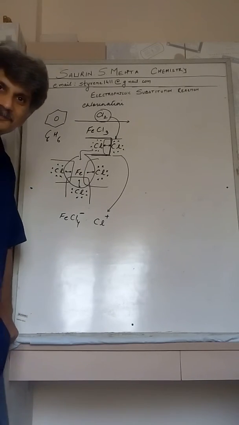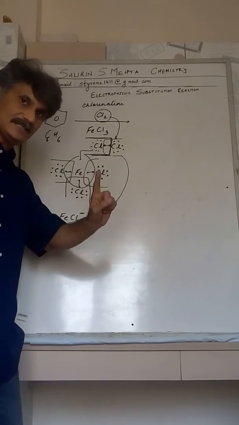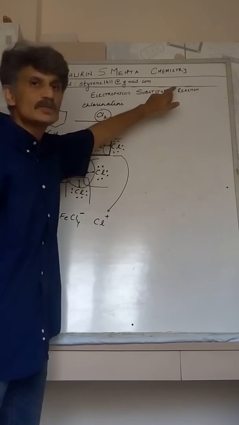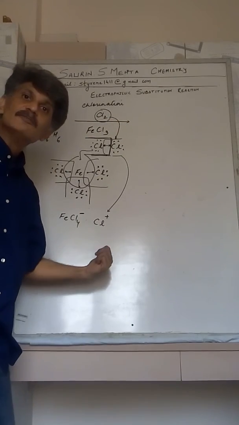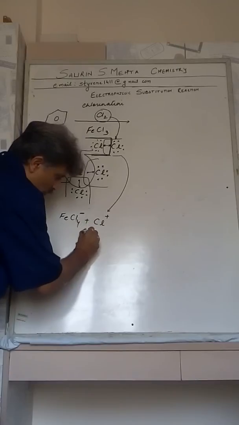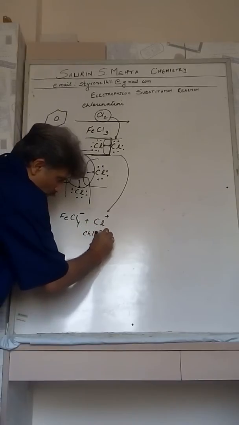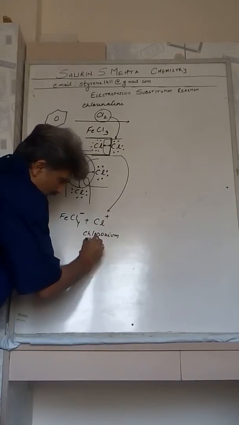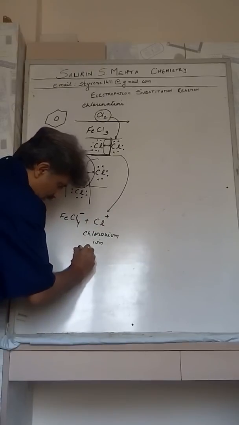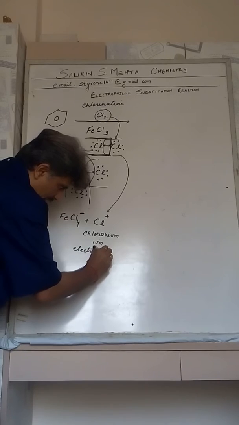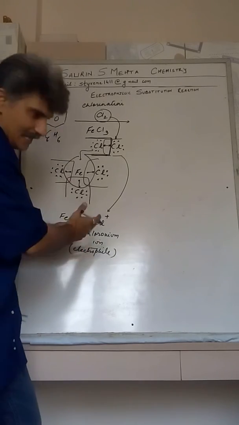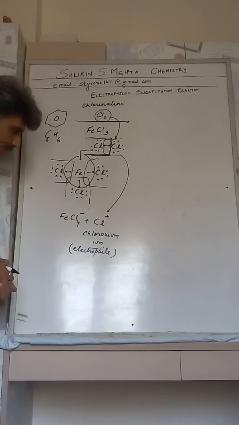So our criteria of the title, electrophilic substitution reaction, has been fulfilled over here. We have received a chloronium ion, which is nothing but your electrophile. So the overall mechanism has taken place this way.